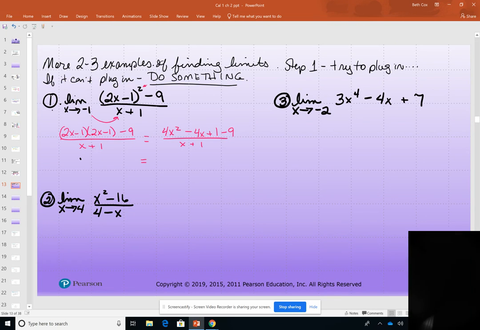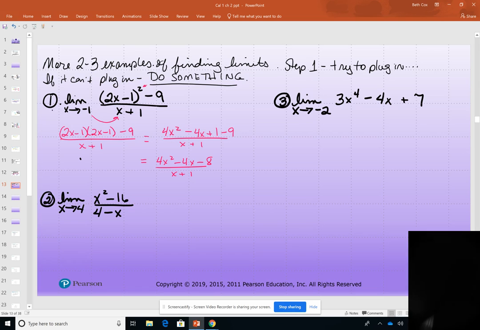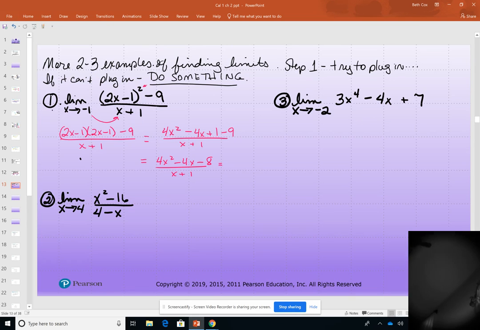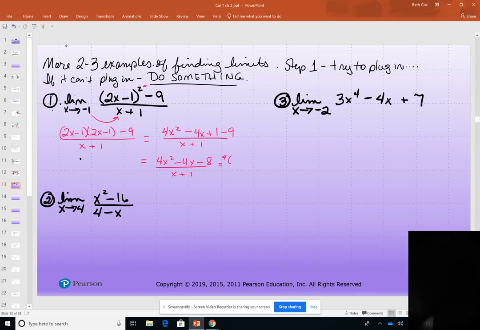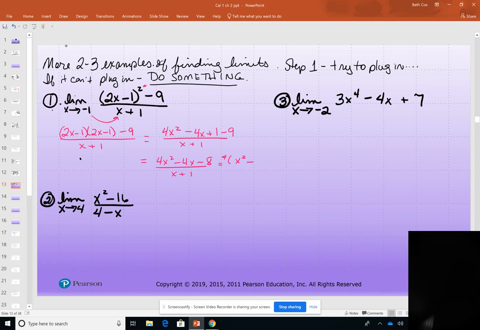Stop the video and get that. Which is going to give me 4x squared minus 4x minus 8. And then I'm going to factor out the 4. That's going to give me x squared minus x minus 2.